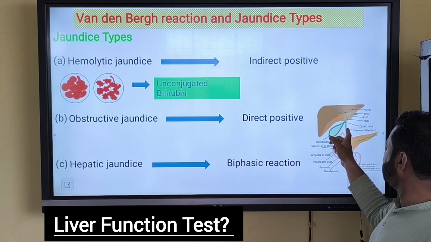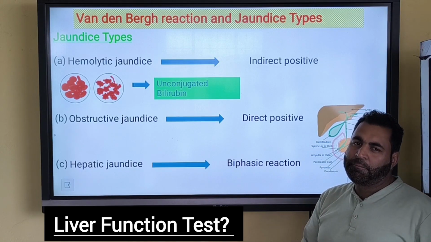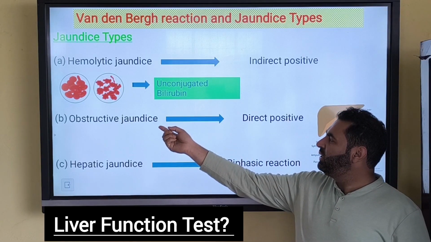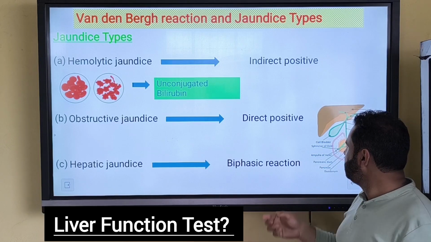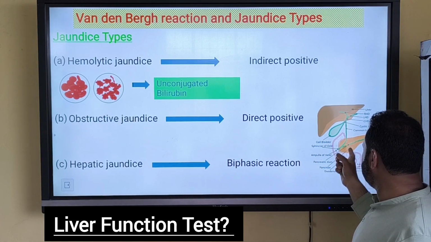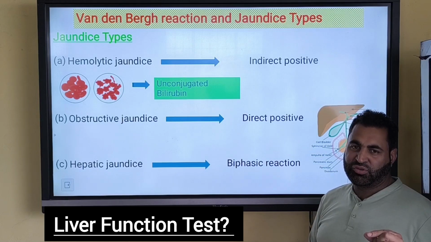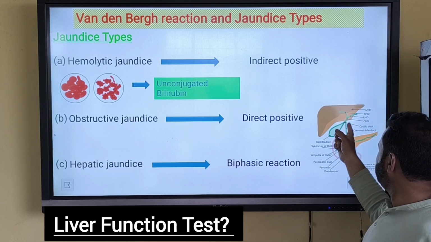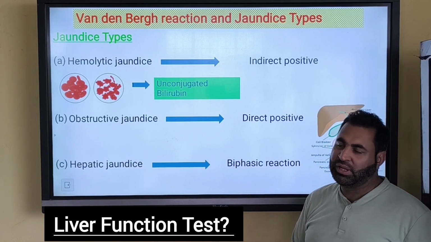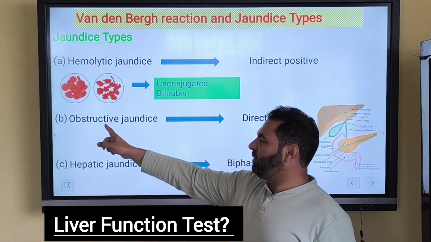So if there is obstruction, the liver has already done its work, it has already conjugated the bilirubin. This conjugated bilirubin is not passing into the intestines for performing its functions, so it gets reabsorbed into our blood. So in this case, conjugated bilirubin will be increased.